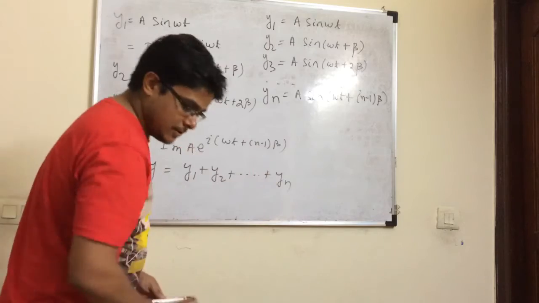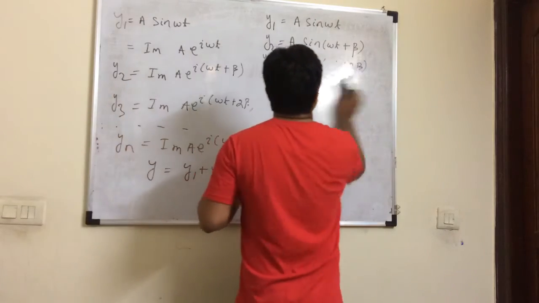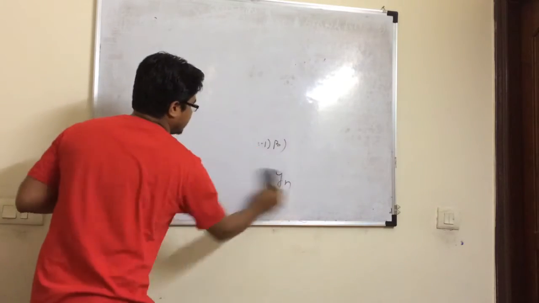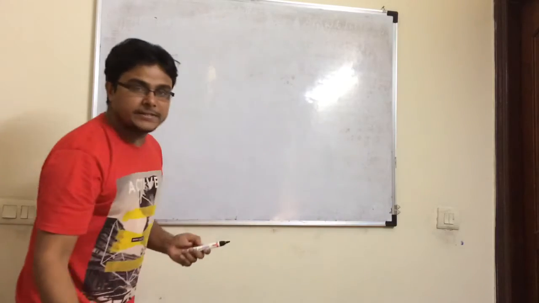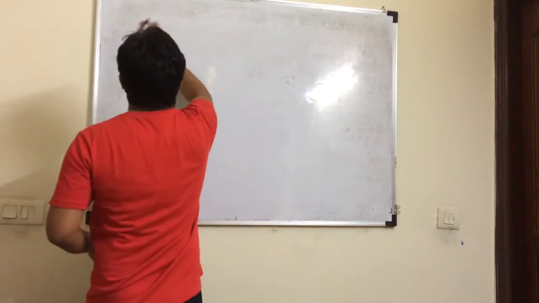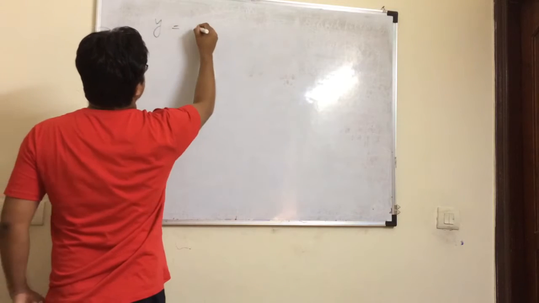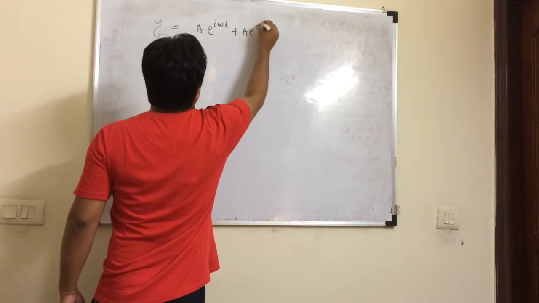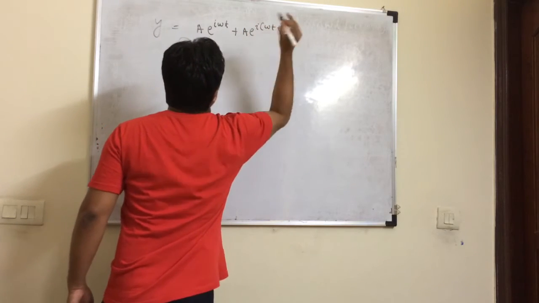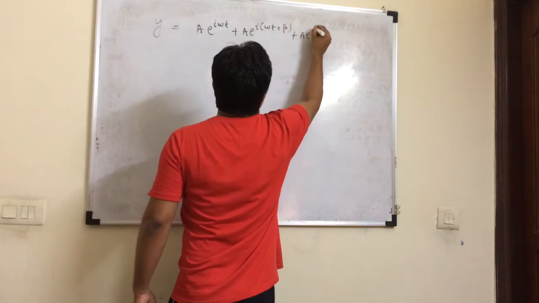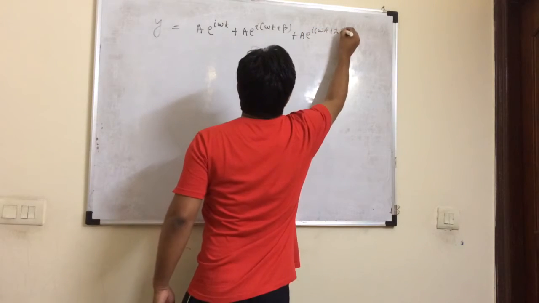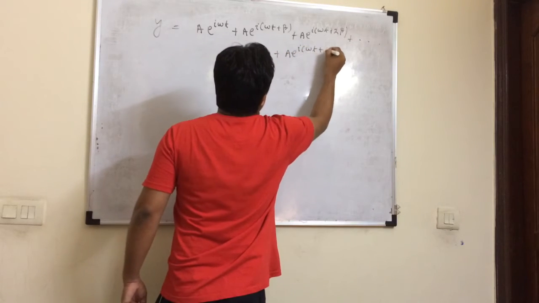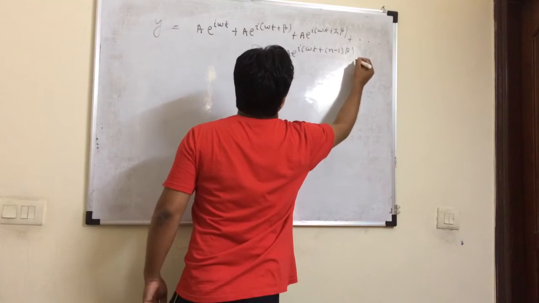So adding these, the resultant displacement y, which is the linear combination of all these n waves, is y equals A e to the power i omega t plus A e to the power i omega t plus beta plus A e to the power i omega t plus 2 beta, and so on up to the nth term, A e to the power i omega t plus n minus 1 times beta.